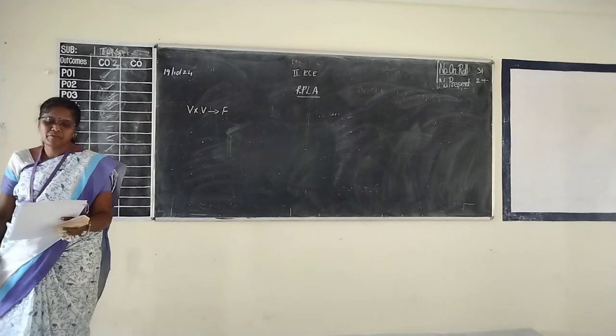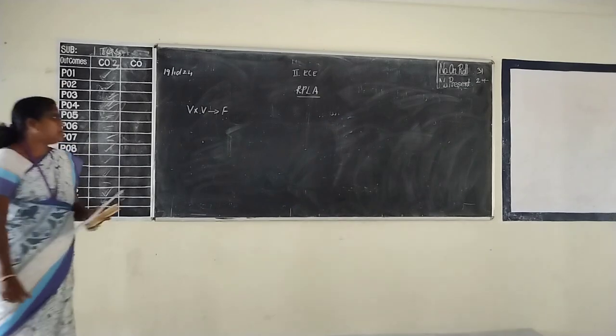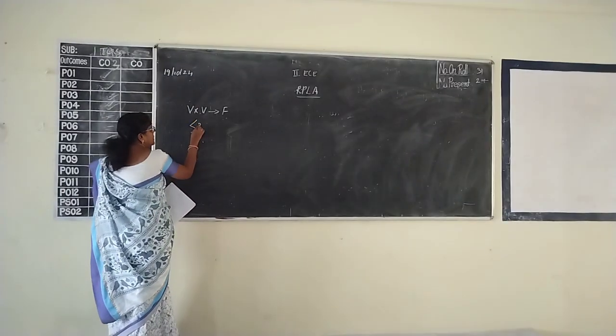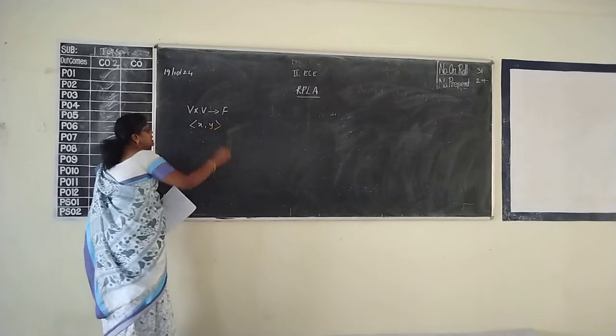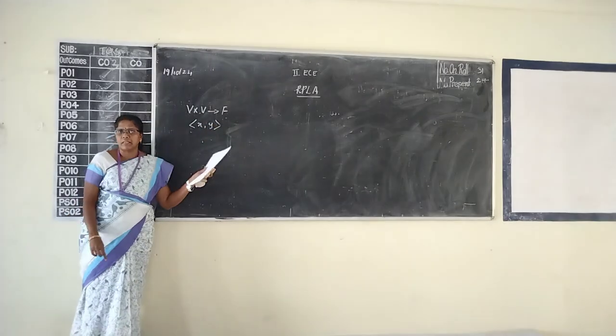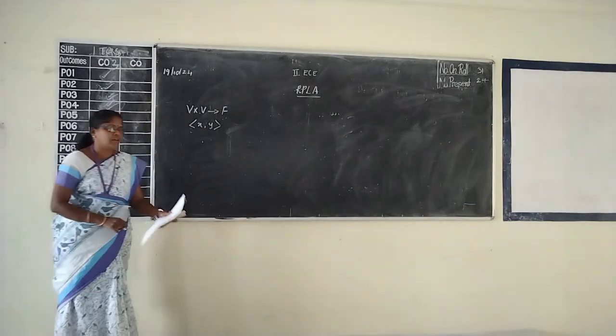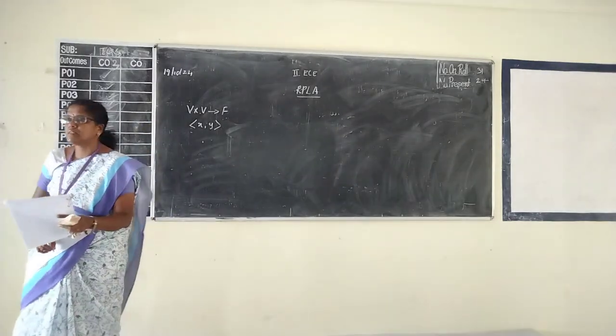Scalar in F, denoted by the inner product of x comma y. This is the symbol for inner product.